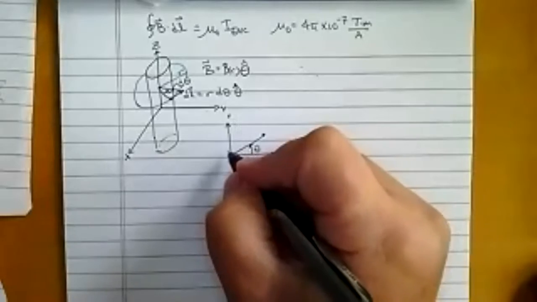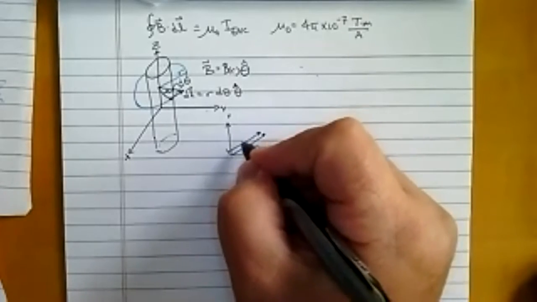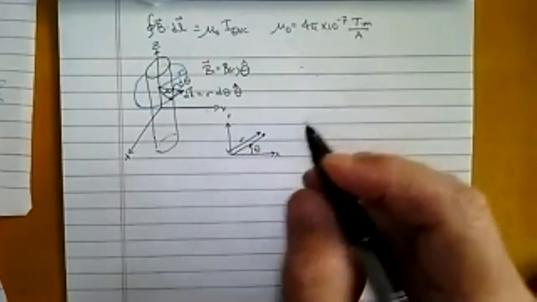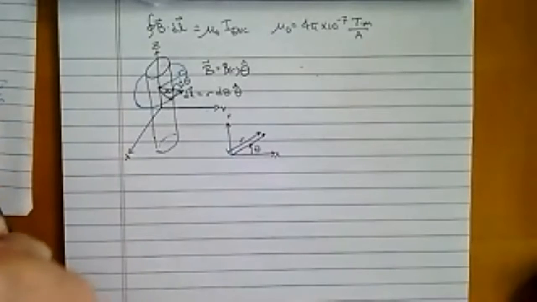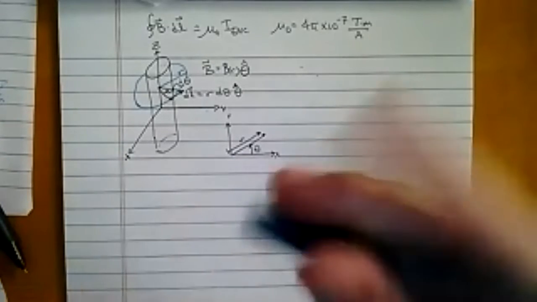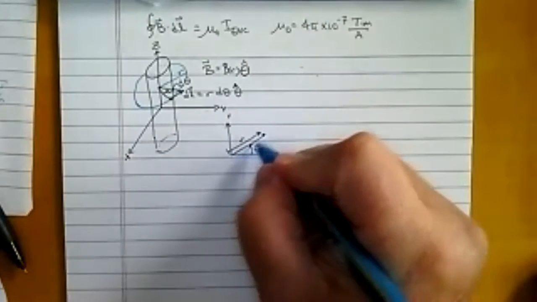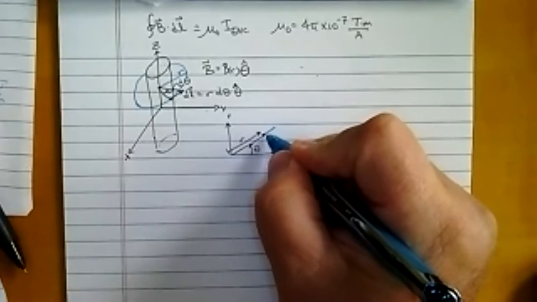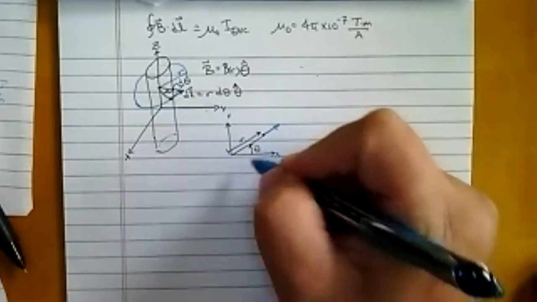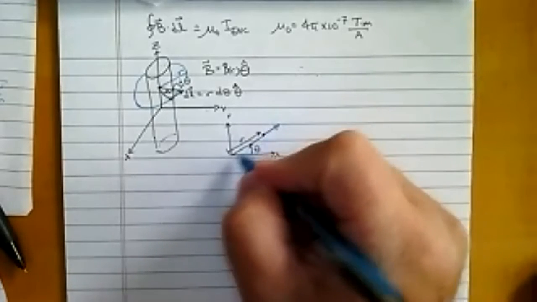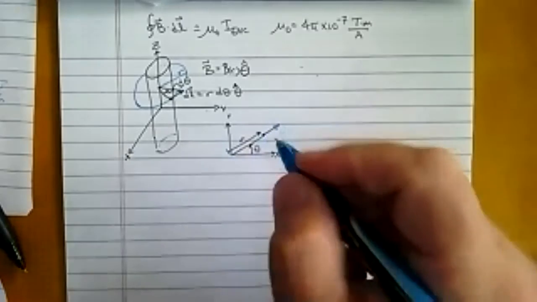And then, of course, r in polar coordinates is the distance you are away from the origin. So if I wanted to imagine what the unit vectors would look like, r hat is going to be radial. In other words, it always points from the origin towards the point, so it's got to be parallel to the line connecting the origin to the point.